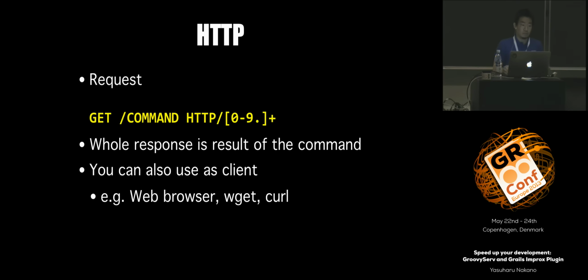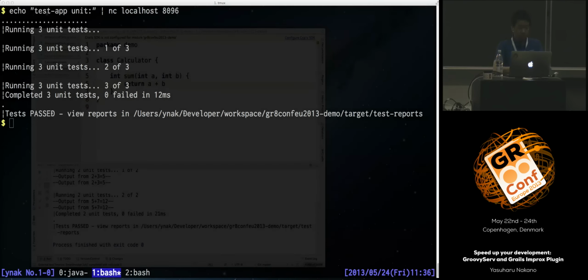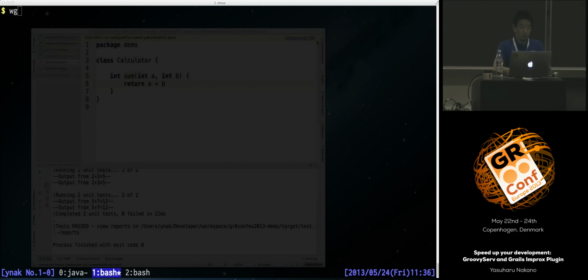And in addition, you can use the HTTP protocol. So you can use any existing command which can talk HTTP. So you can use a web browser, wget command, curl, and so on. Yeah, so wget localhost help.